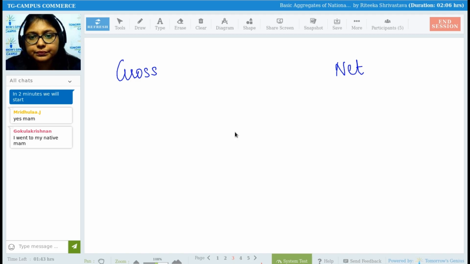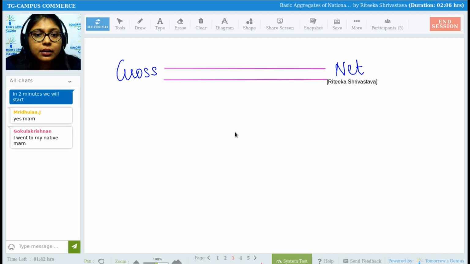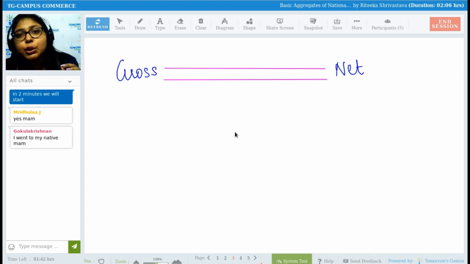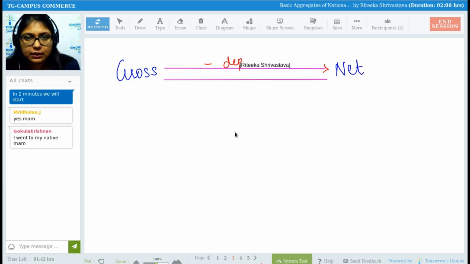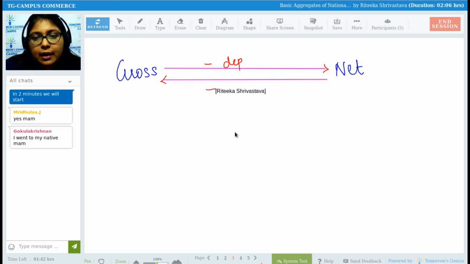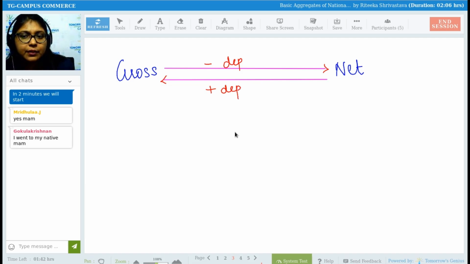Very simple. If you want to go from gross to net, you have to deduct depreciation. And if you want to come from net to gross, you will add depreciation.